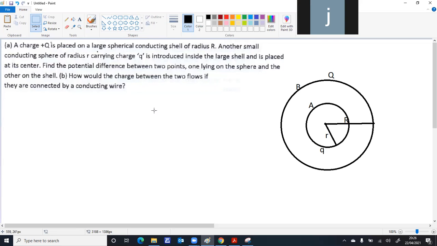The potential difference between one point on the big sphere and one point on the small sphere. So I marked them as A and B. So you need to find the potential of A first, then B.